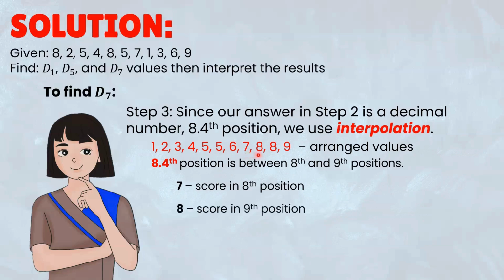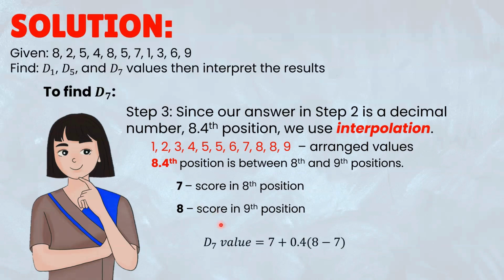And the score that corresponds to the 9th position is 8. So to get the score that corresponds to the 8.4th position, we have to add the 8th score and the 0.4 score.